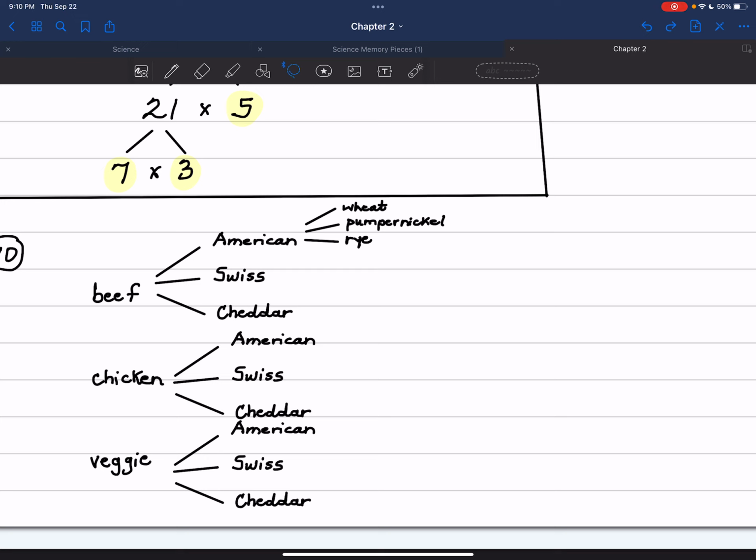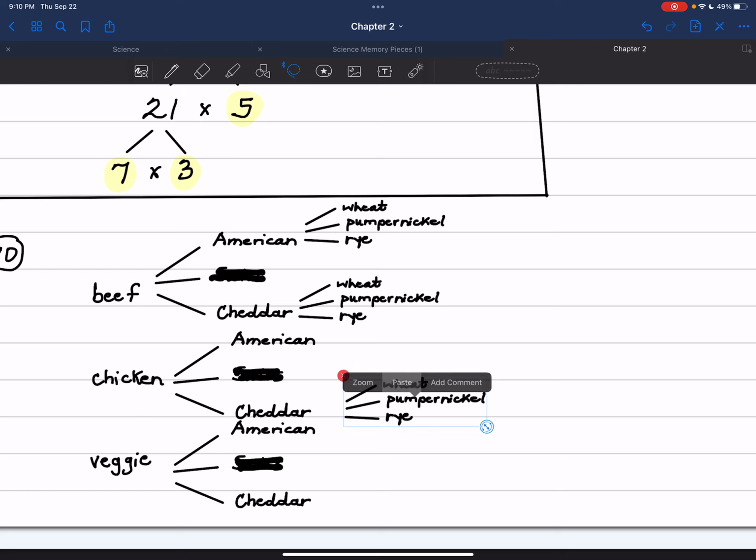What this question is saying to us is that we need to eliminate the Swiss. We need to take the Swiss out of the equation. And what does that do to the overall tree diagram? Well, you can't attach anything to Swiss because there is no Swiss.